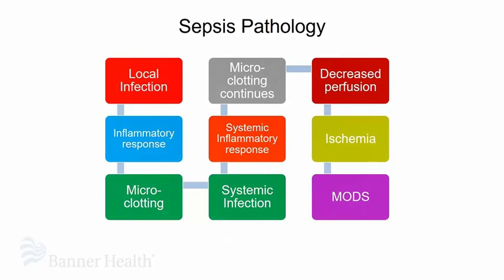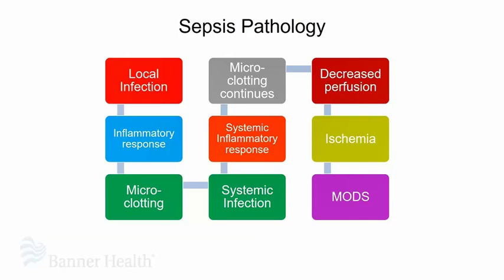This diagram shows the progression from local infection to systemic infection. Beginning with a localized infection, the body responds with an inflammatory response. That inflammatory response releases microclotting factors, and at the same time there's microvascular tearing occurring in the vascular system.